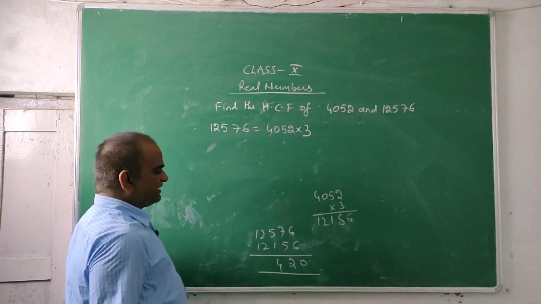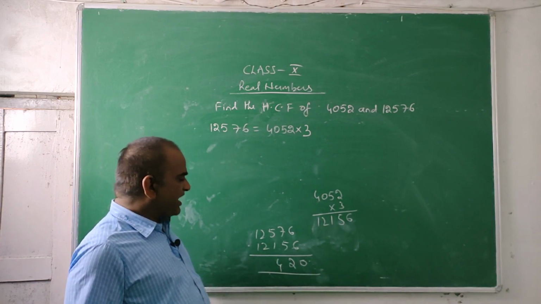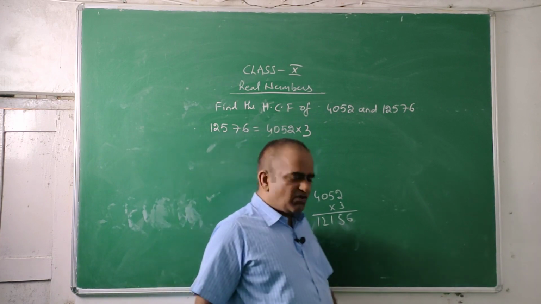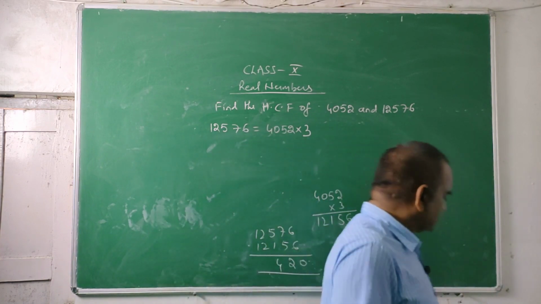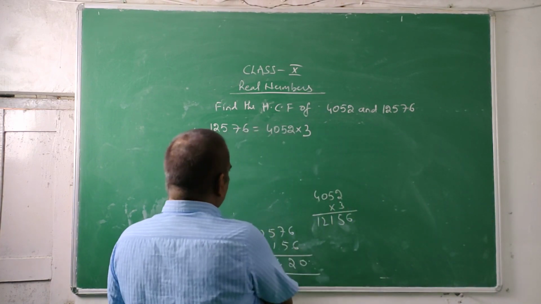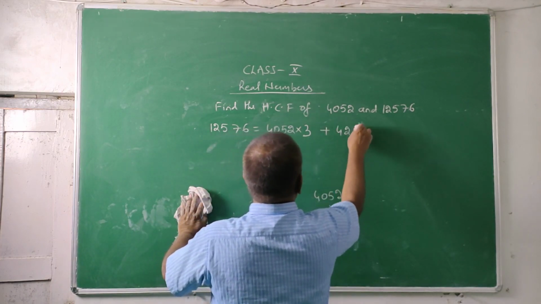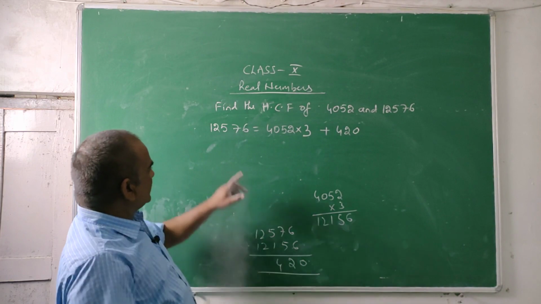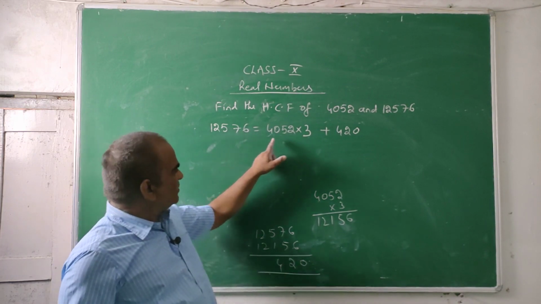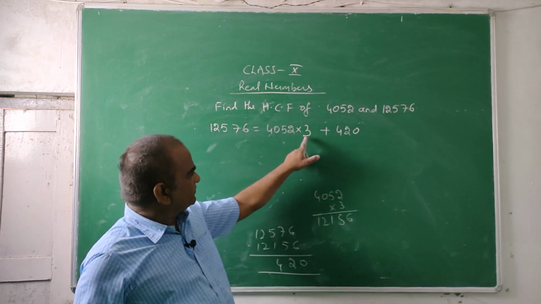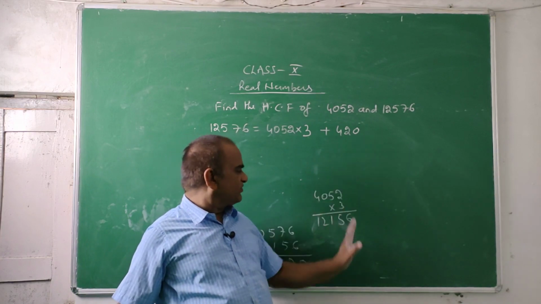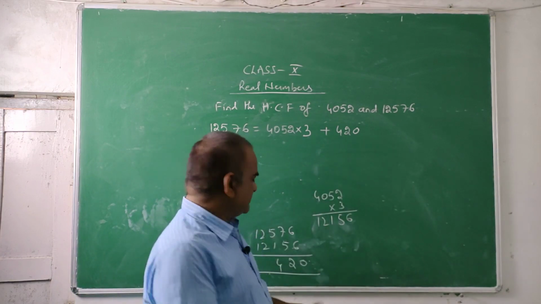So you are getting 420, right? So plus 420. So 12,576 is equal to 4,052 into 3 plus 420, right?